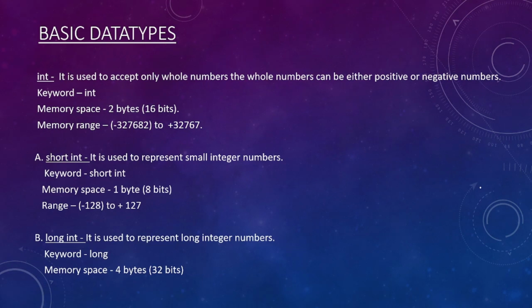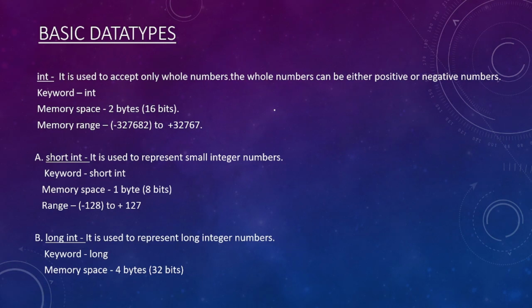Coming to the basic data types, the first basic data type is int. It is used to accept only whole numbers. The whole numbers can be either positive or negative numbers. So whenever you are using int, make sure that you give only whole numbers.